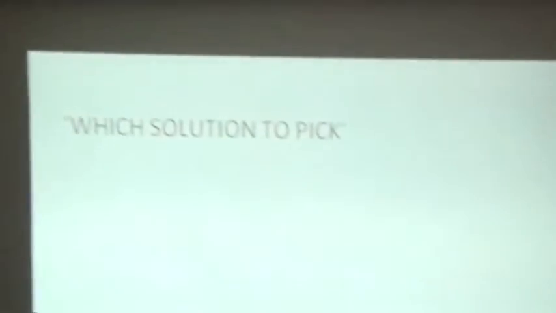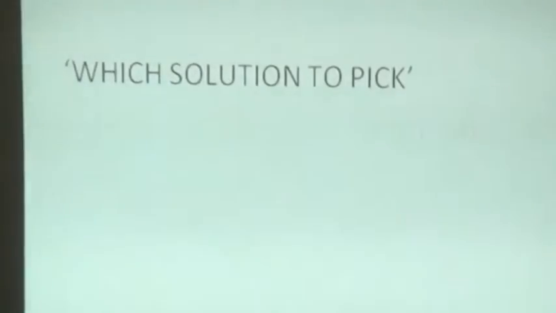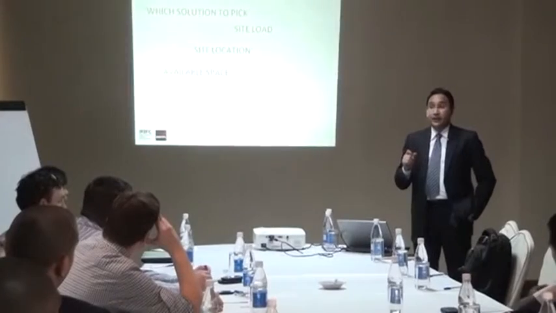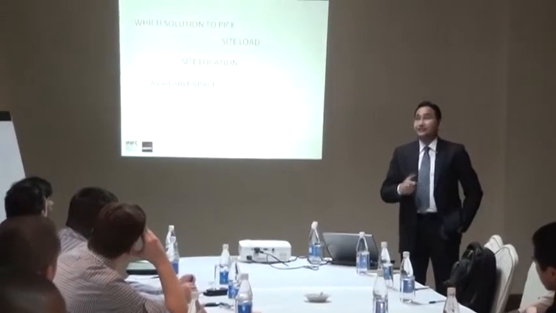Now, the question is which solution to pick in a green segment, what the different site loads are, and how these site loads can be translated into green solutions. Site locations are typically a very big problem on many occasions, where the location does not allow you to pick your desired solution.